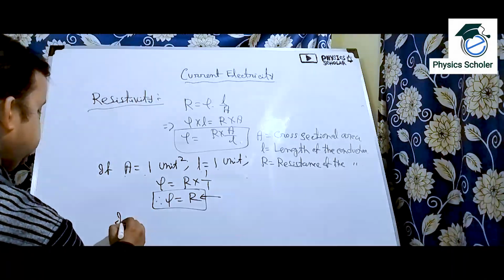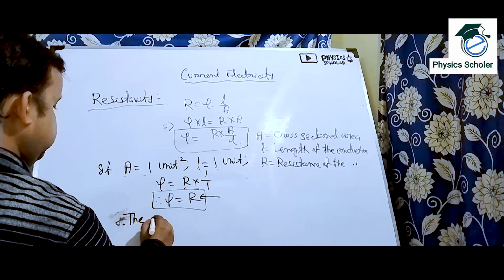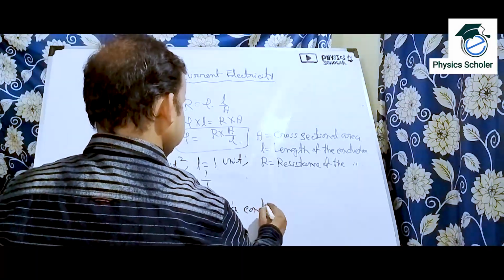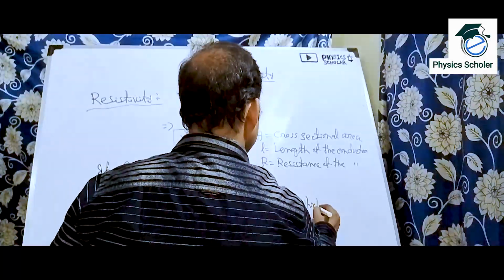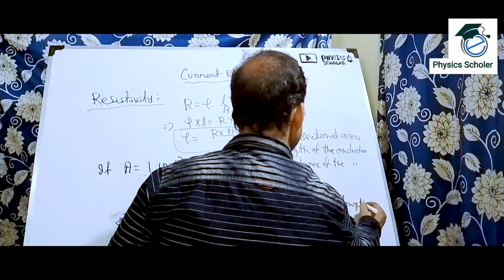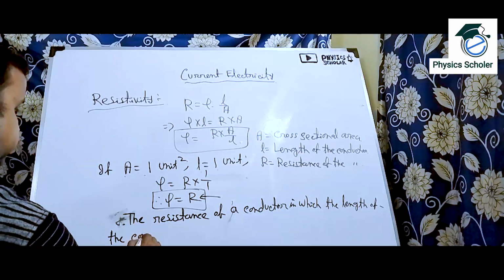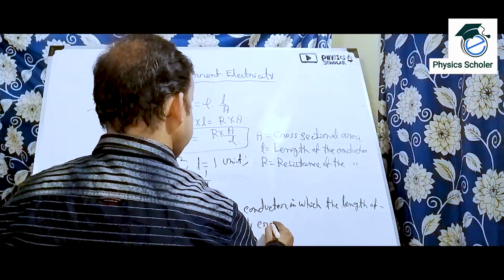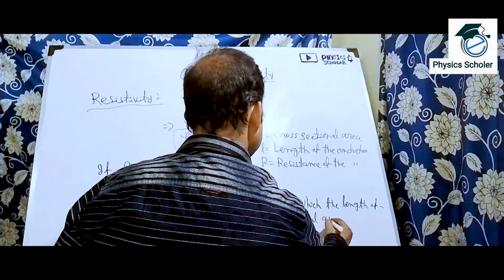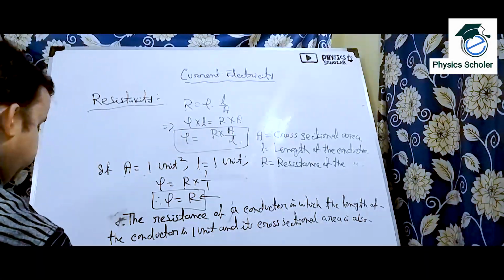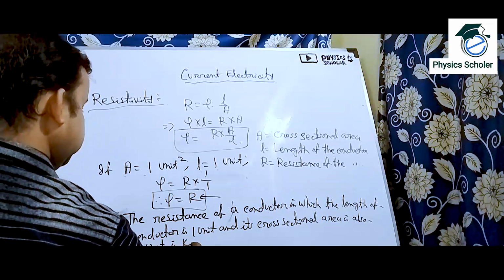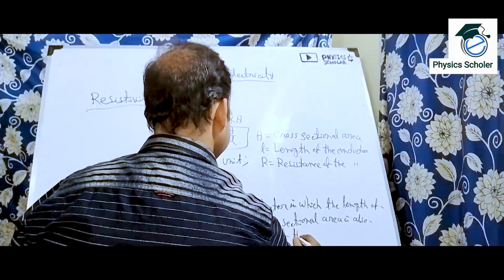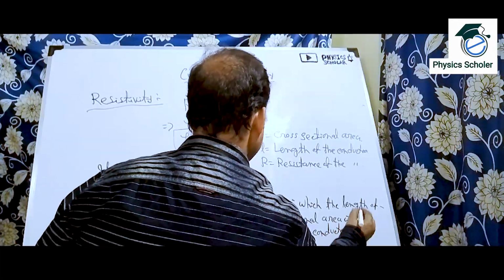So what is the definition? The resistance of a conductor in which the length of the conductor is 1 unit and its cross-sectional area is also 1 square unit is known as the resistivity of that conductor.